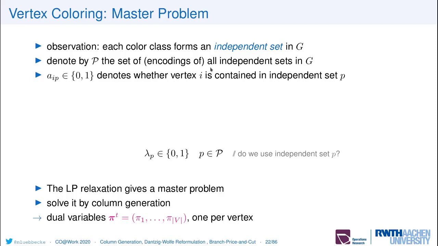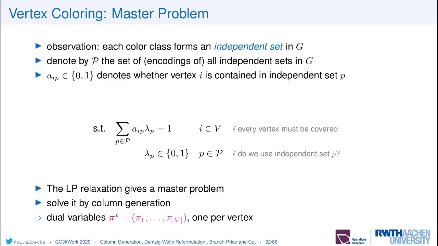There's many, many, many, but I don't care. And then I will have a variable for every independent set in the graph. And the variable will say whether I will use that independent set in my coloring solution in the end, yes or no. What I have to ensure is that every vertex appears in some of the independent sets I selected. And I have this parameter here, a_{iP}, that says whether vertex i appears in the independent set P, yes or no. So I'm summing over all the independent sets, and each vertex must appear exactly once.